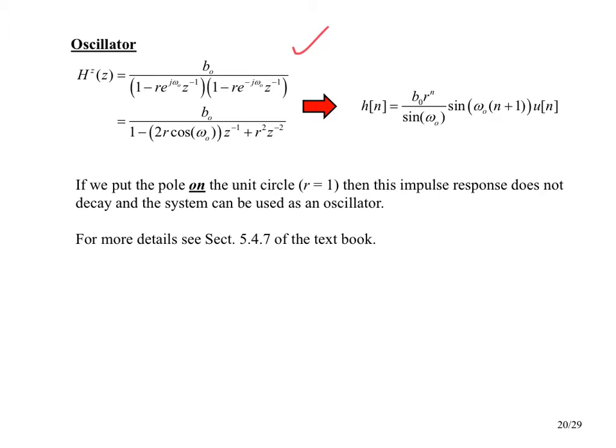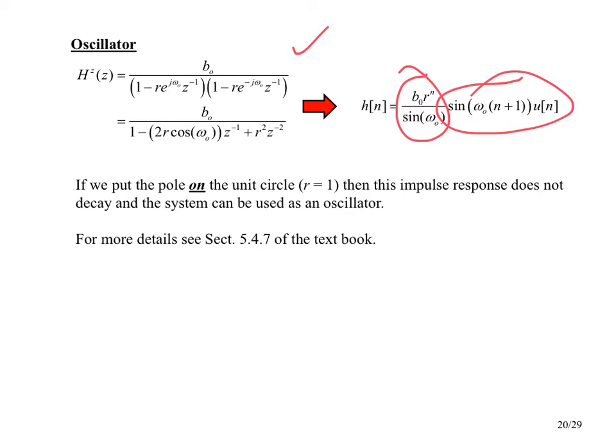So when r is equal to 1, we just have a constant times a sine wave of a specific frequency, omega sub 0. So if we put the pole on the unit circle, this thing actually acts like a discrete time oscillator. So it's a very nice way of generating a sinusoid without having to sit there and compute these things.